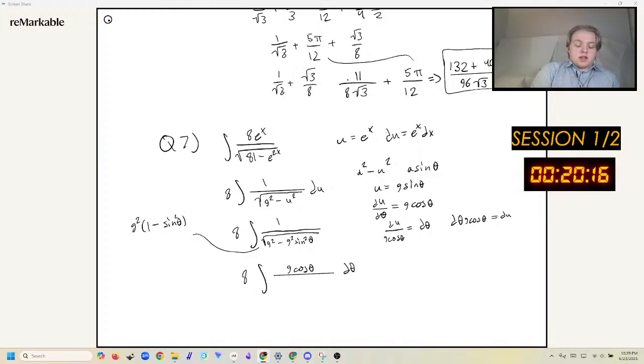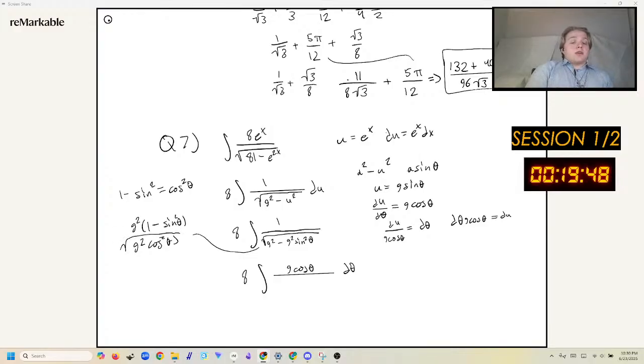And what that's going to end up looking like is 9 squared cosine squared theta from the identity 1 minus sine squared equals cosine squared theta, because sine squared plus cosine squared equals 1. Right? Rearranging a very simple identity in trigonometry. Now all of this is square rooted.